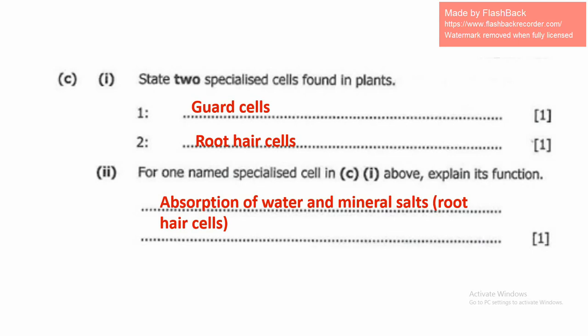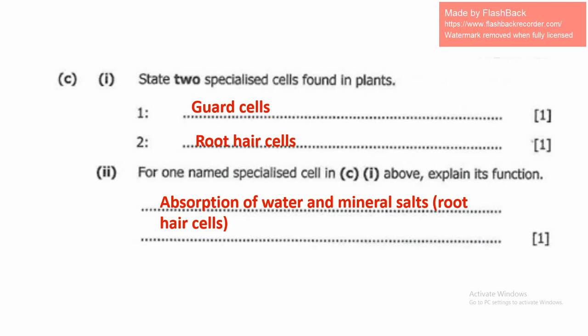How can you just say absorption of water and mineral salts and end there? I'm expecting you to tell me which cell has that function. That's why I've said root hair cells in brackets. So for those who requested the first question to be answered, these were the answers which were expected.